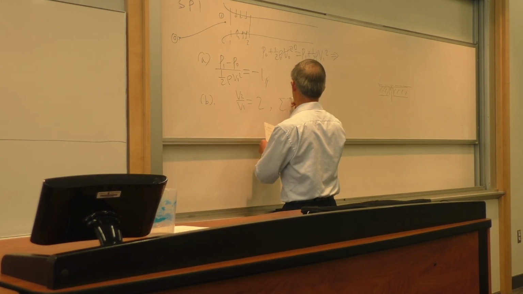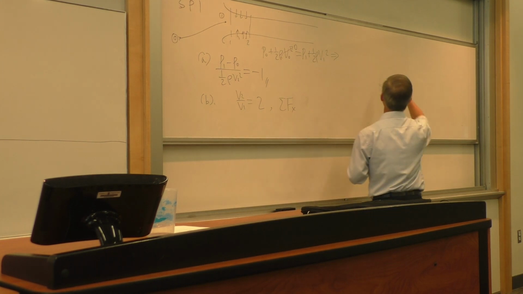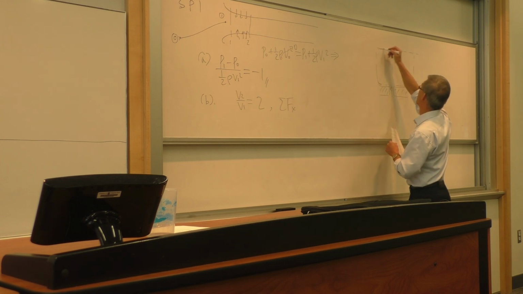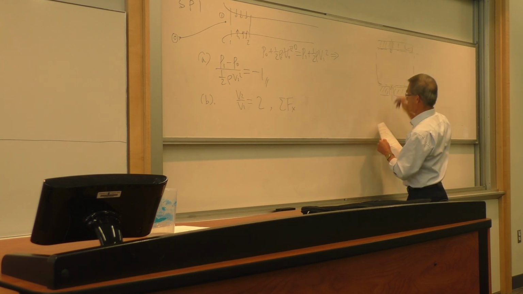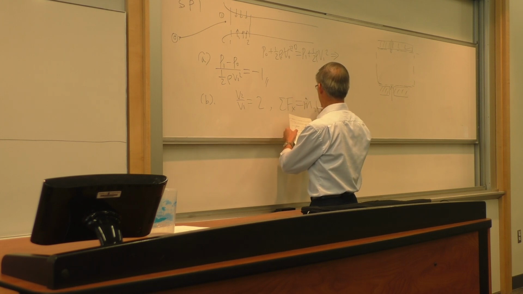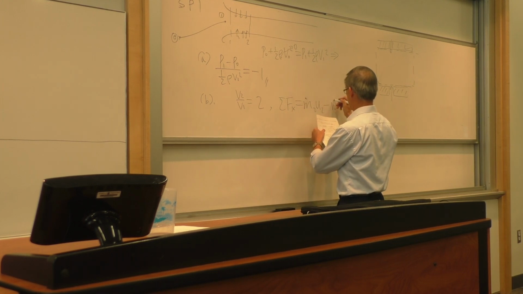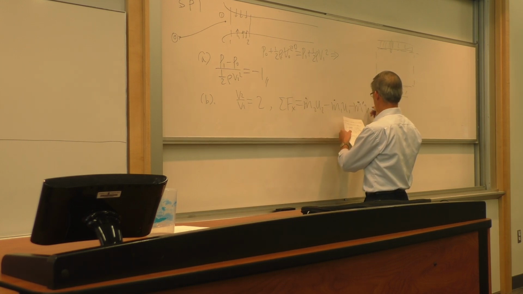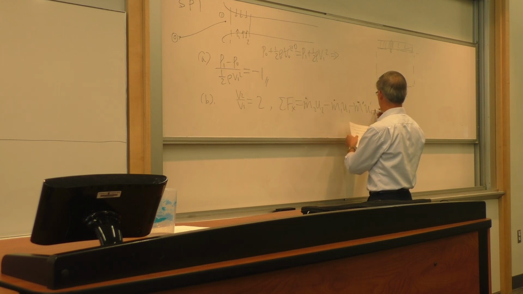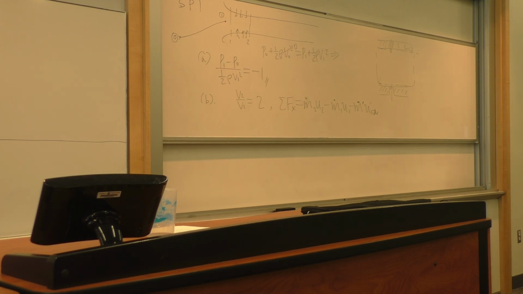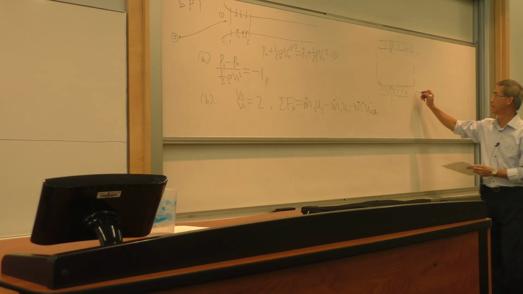So the momentum equation applied to the control volume between the porous wall consists of my exiting momentum flux, m dot 2, u2, at station 2.